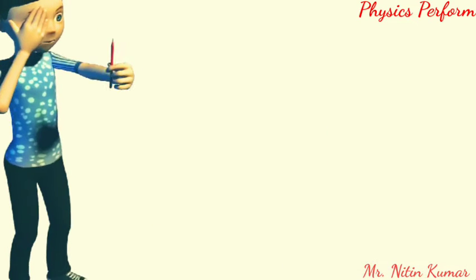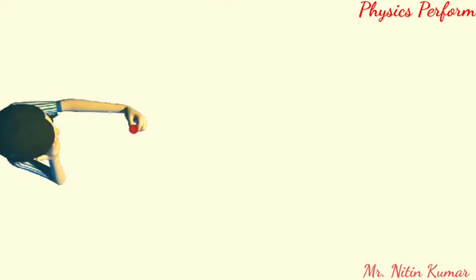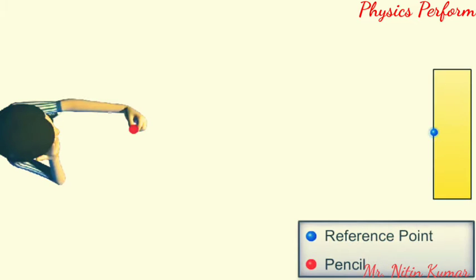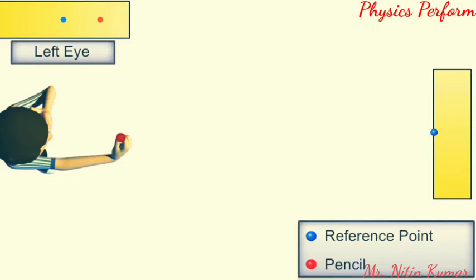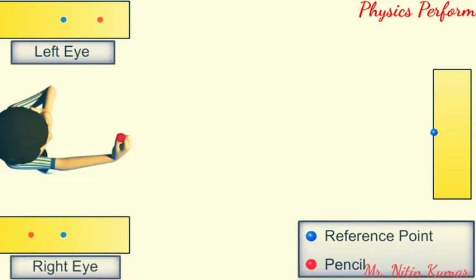If you look at a pencil held in front of your eyes against a fixed reference point on a plain wall, with your left eye closing your right eye, and then with your right eye closing your left eye, you observe that the position of the pencil seems to change with respect to the fixed reference point in the wall.